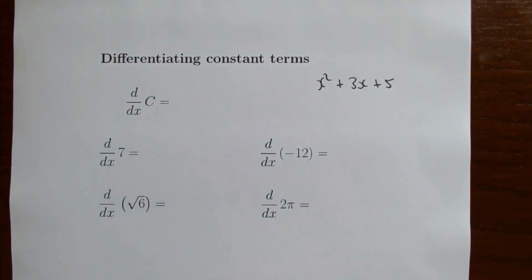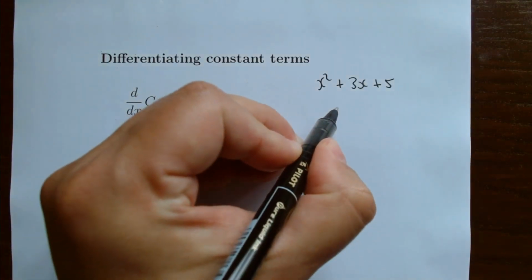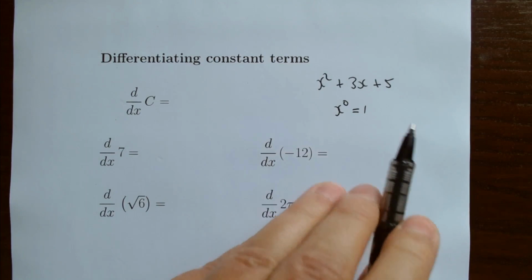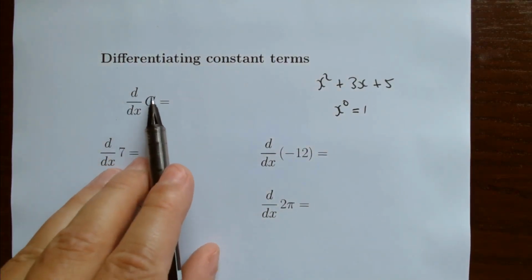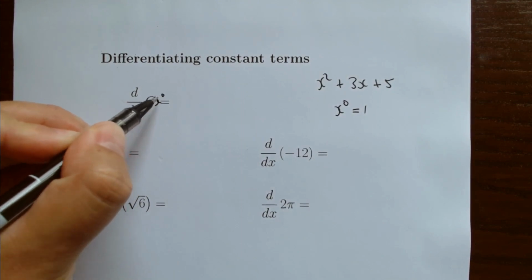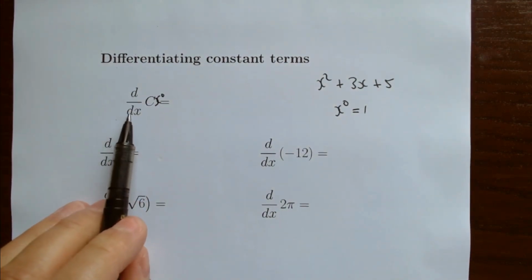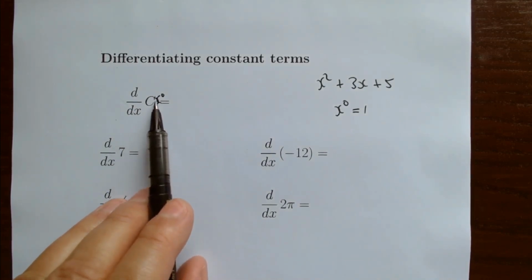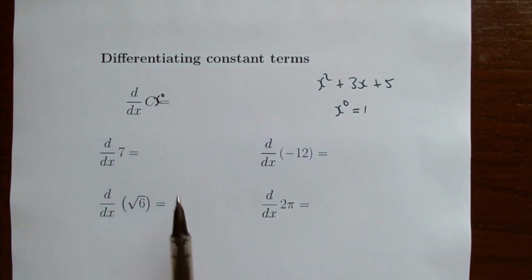So we know that x to the power of 0 is 1. Anything to the power of 0 is 1. So on this we can actually add a little x to the 0. So here we wanted to differentiate the constant c. I can add an x to the 0 here, and now I can use the rules of differentiation.